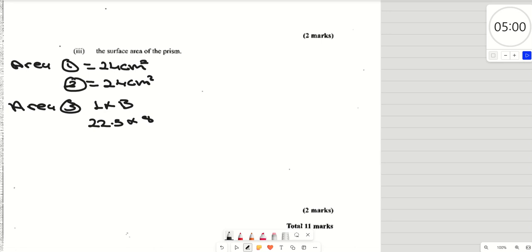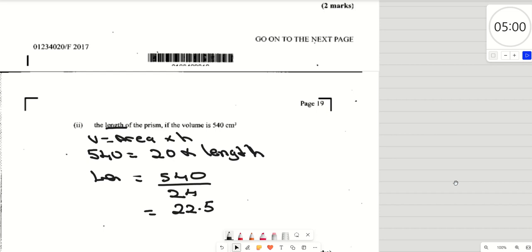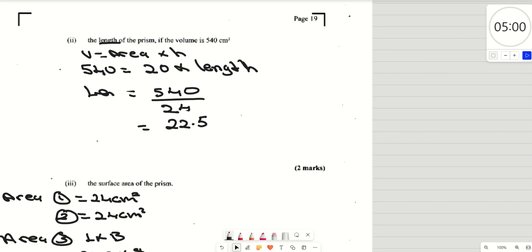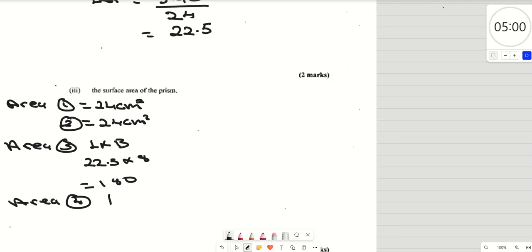When you multiply that, that is equal to 180. Let's look at the fourth face. It's a rectangle, which is length times breadth. Your length is 22.5. That's 4. But your breadth is 6. You see that from here to here is actually a breadth. So that's 22.5 times 6, which is equal to 135.